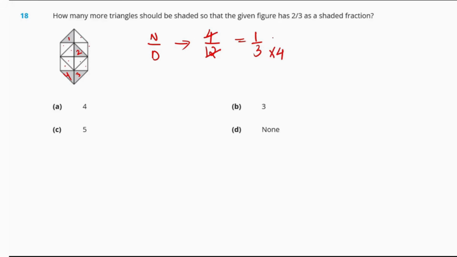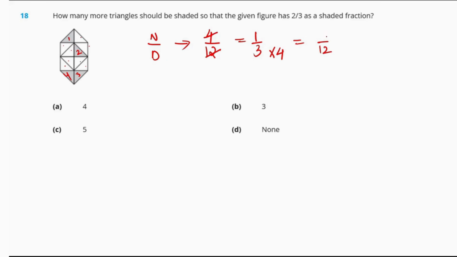So similarly, the denominator here will be 12. Now tell me, what should be multiplied by 4 so that the answer here becomes 2 by 3? It should be 8, right? Because 3 times 4 is 12, and we need the numerator to be 2 here, right?